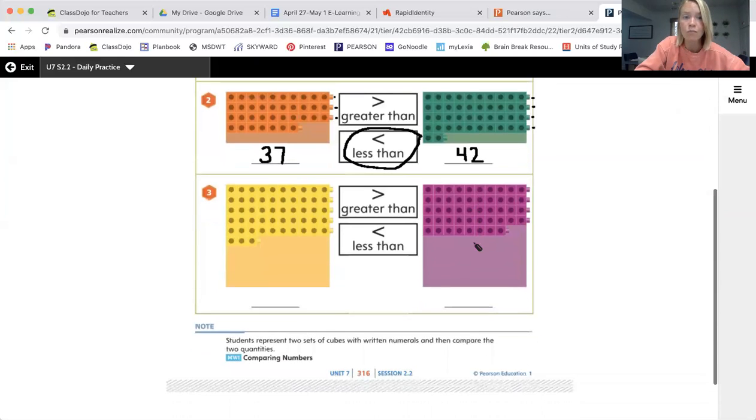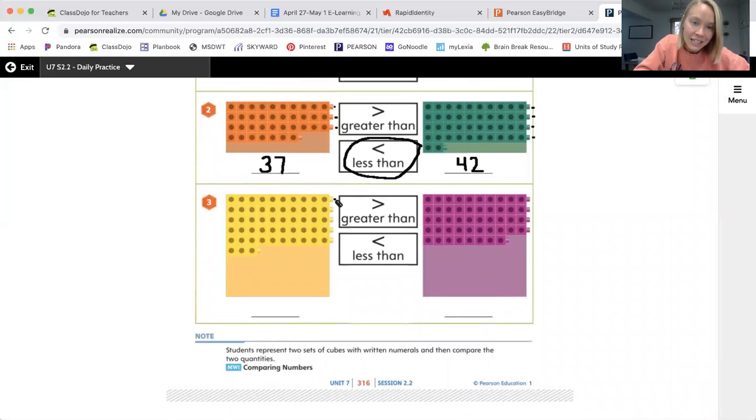All right, we have one more. Our numbers are getting a little bit bigger. Okay, 10, 20, 30, 40, 50, 51, 52, 53. Okay, so 53. And then over here, 10, 20, 30, 40, 41, 42, 43, 44, 45, 46, 47, 48.